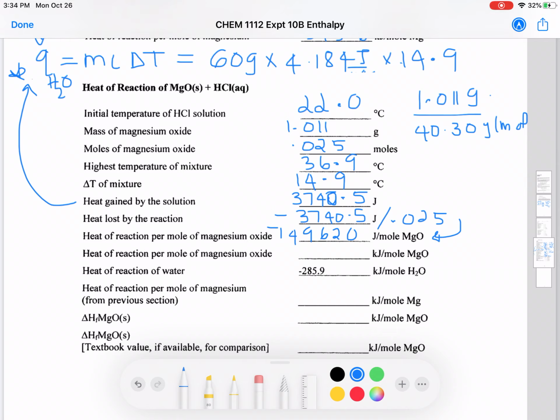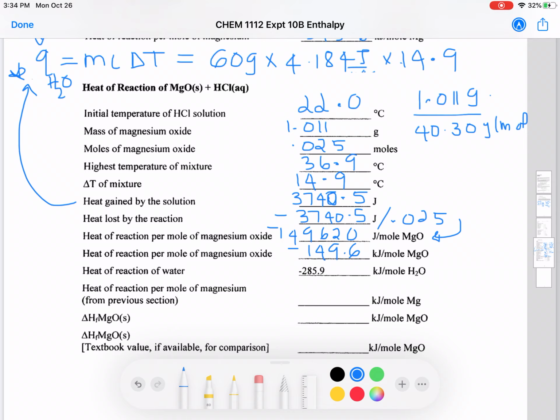Okay, when you divide, that is per mole of magnesium oxide, and converting it to kilojoules, you divide it by 1000, that would be negative 149.6. Okay, and then that is going to be the heat of reaction per mole of magnesium oxide.